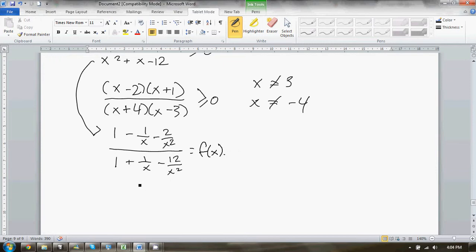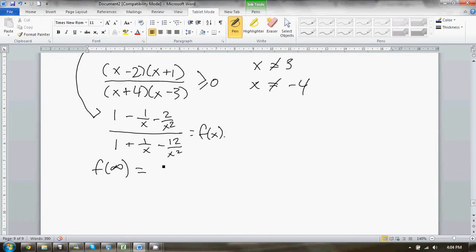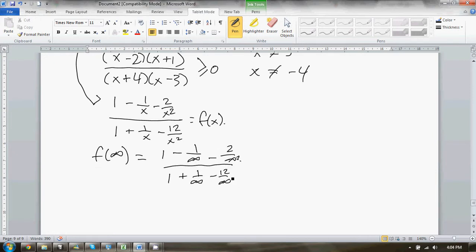So when I put f of infinity, I have 1 minus 1 over infinity minus 2 over infinity, over 1 plus 1 over infinity minus 12 over infinity squared. Any number that's over infinity just goes to 0.